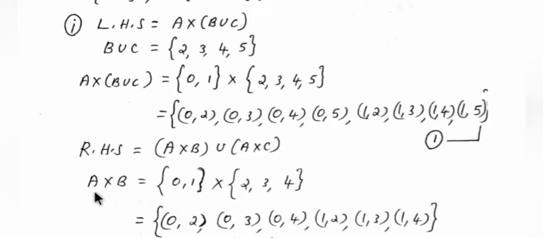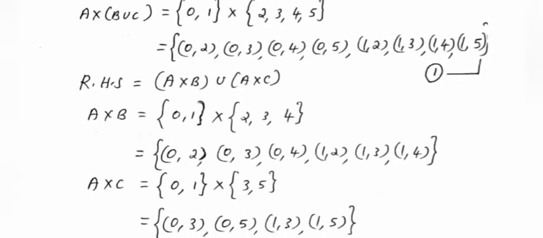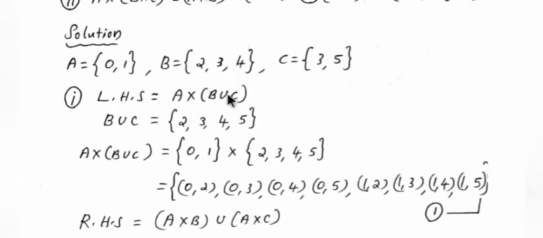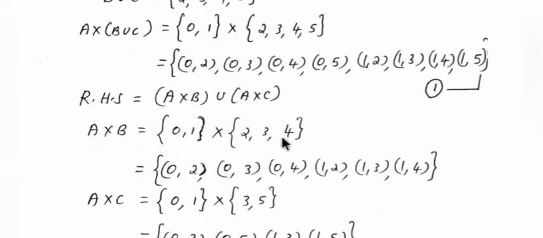First find A × B. First substitute the set A, {0, 1}, then put cross, then substitute the set B. B is, we know, the set {2, 3, 4}, that can be substituted here. Then take the cross product, do as in the previous problems in exercise 1-1. Then we will get this product.